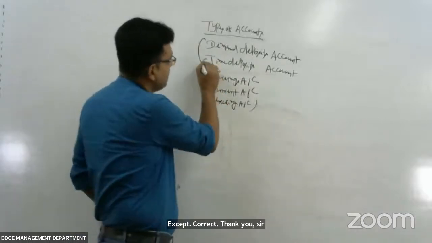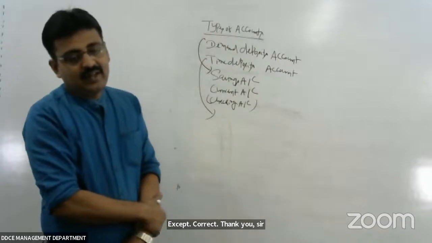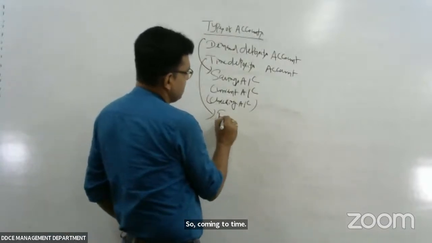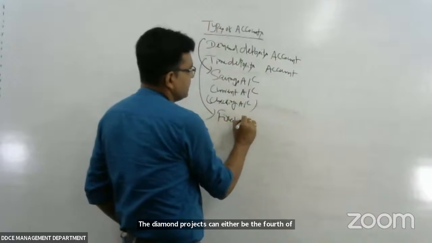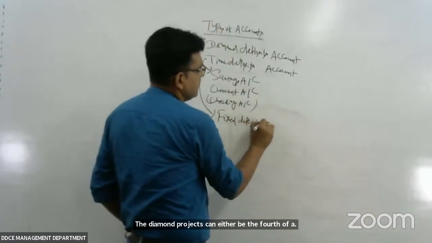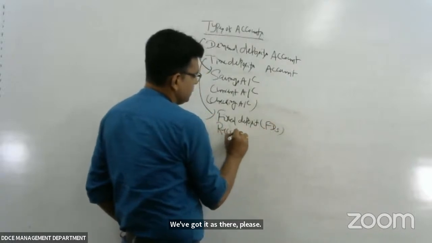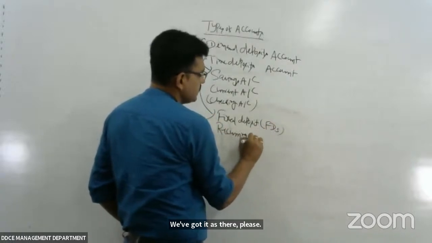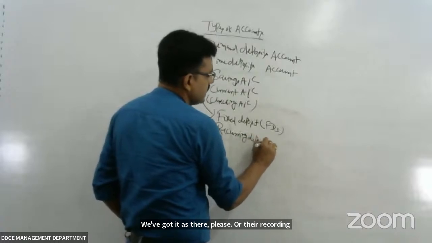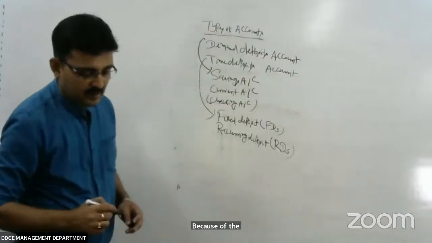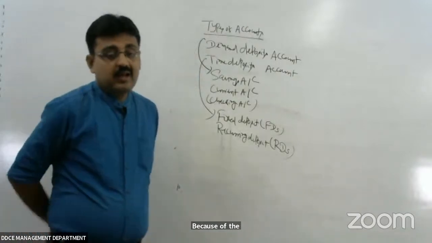Now coming to time deposits, the time deposits can either be in the form of a fixed deposit, we call it FDs, or recurring deposits, we call it RDs.